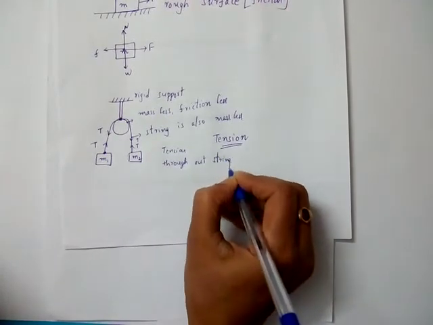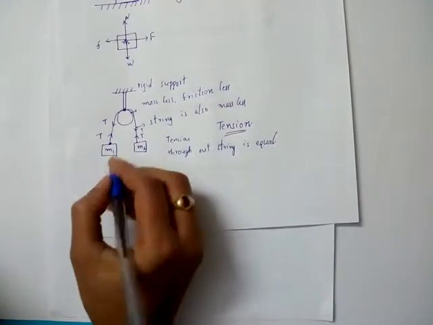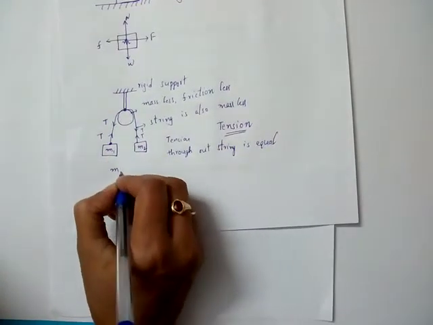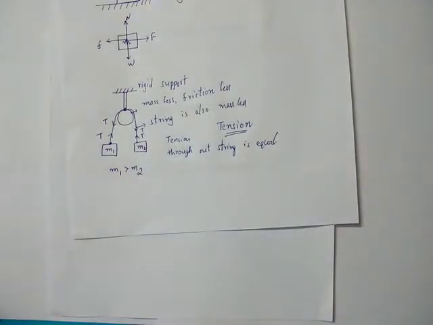Okay. Now if I consider M1 is greater than M2, tell me what happens. You might have seen pulleys, yes or no? So there are two weights hanging on both sides, and when it is released, just suspended, then what happens?